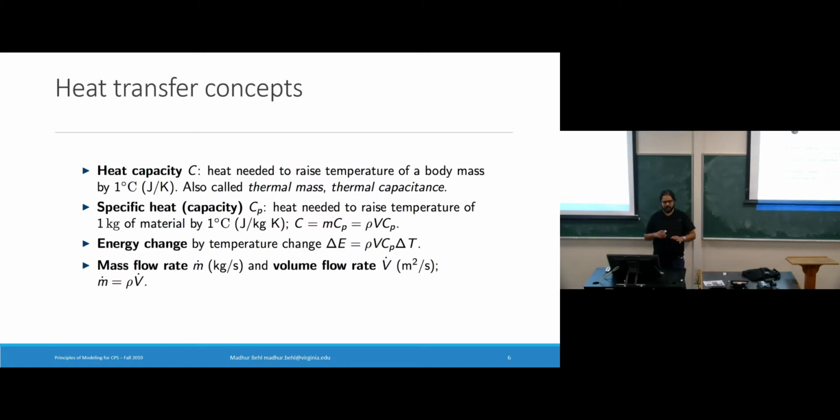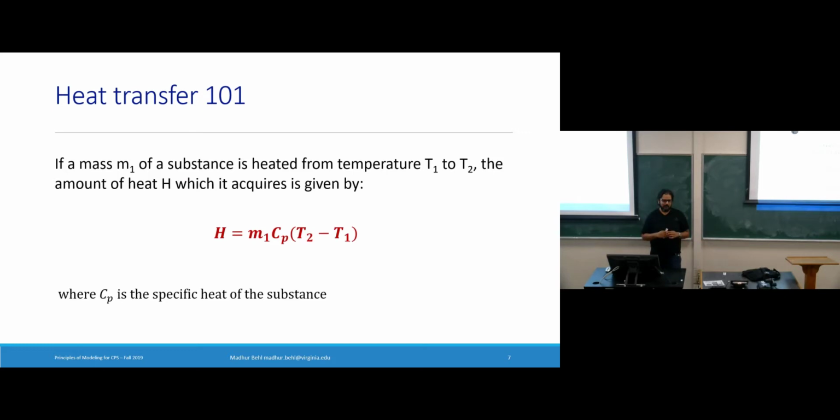So these are just definitions, but the most canonical or most widely used equation, and that's the equation we will repeatedly use in our modeling as well, is this heat transfer, what we call 101, the very basic equation of thermal heat transfer. What essentially this equation is telling us is that if the temperature of a mass M1 of a substance with specific heat capacity Cp changes from T1 to T2, then the amount of energy that is required to do so is given by this relation, right?